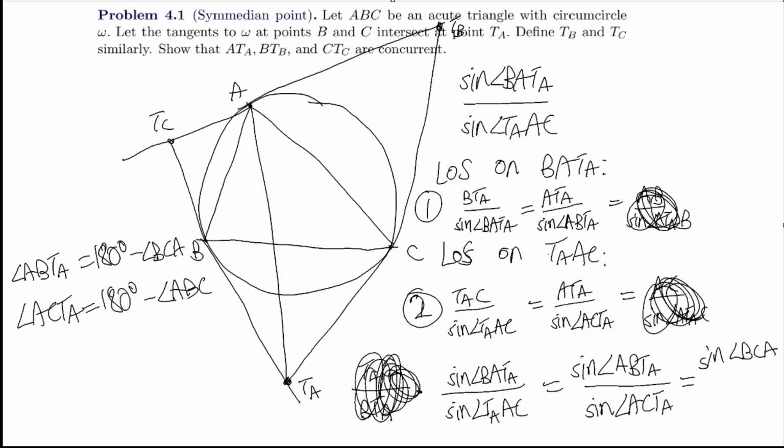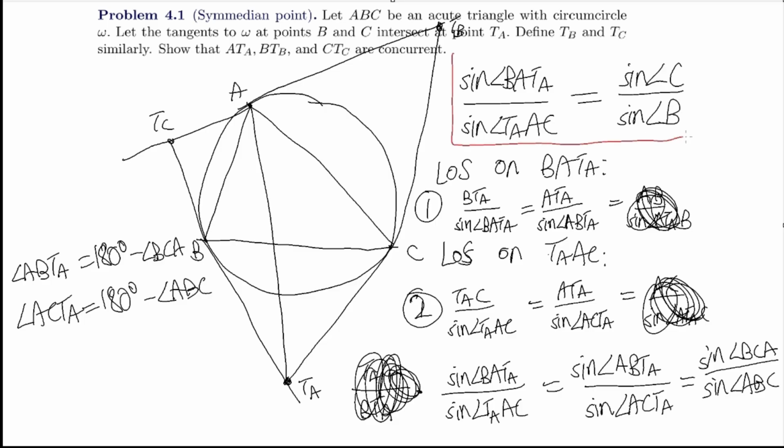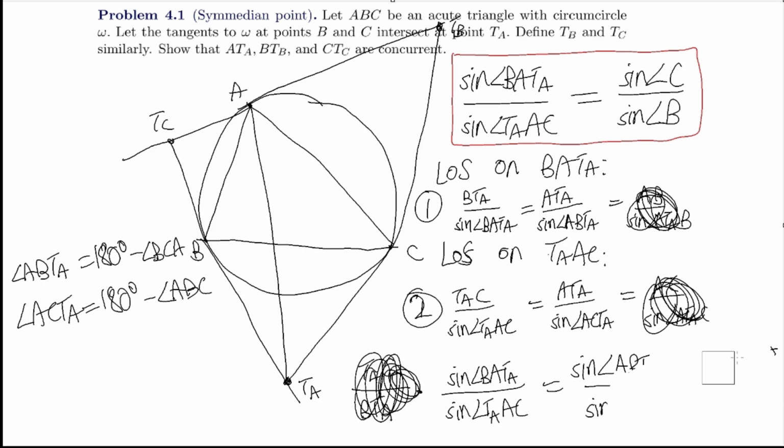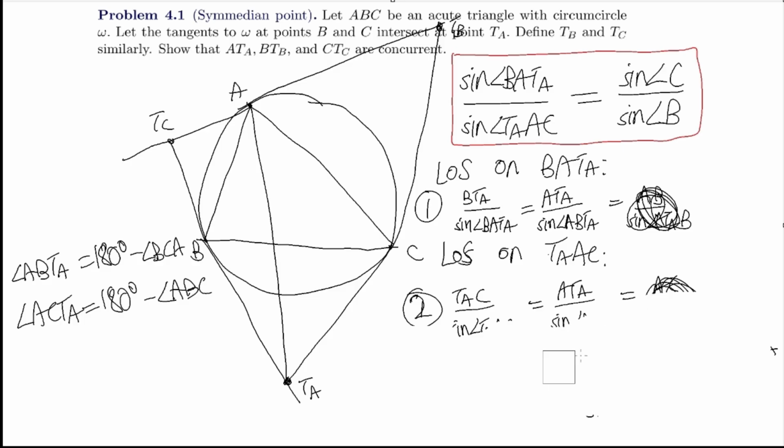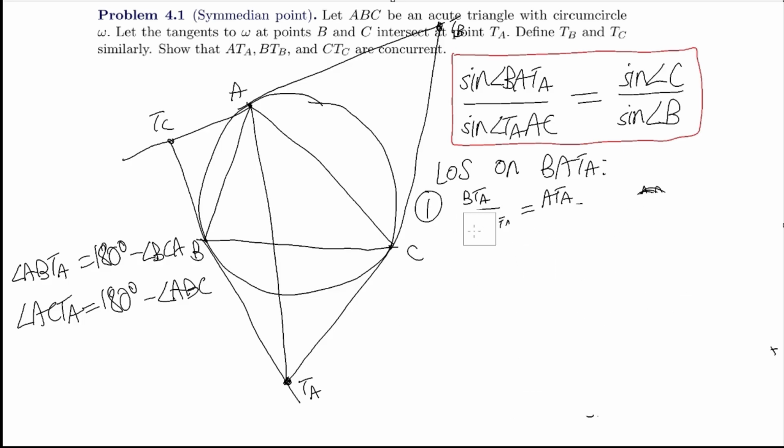Wait, hold on. So we get sine BCA over sine angle ABC. So therefore, what we ended up proving is that this is equal to sine angle C over sine angle B. And at this point, we can just repeat this for TB and TC because we can just apply the same logic.